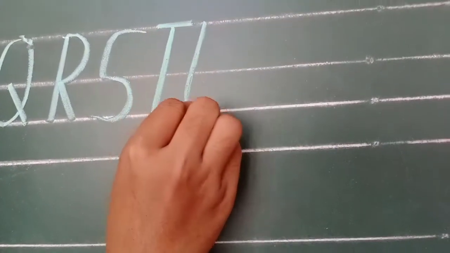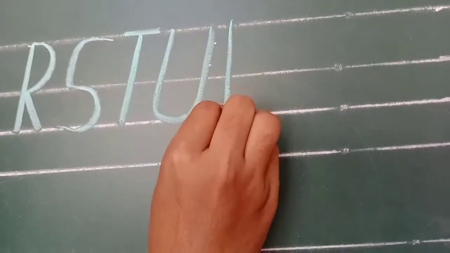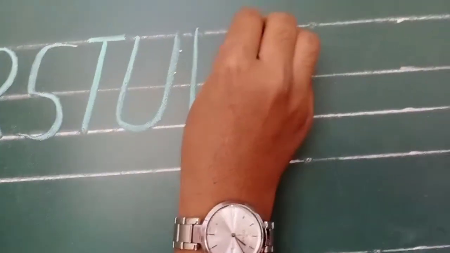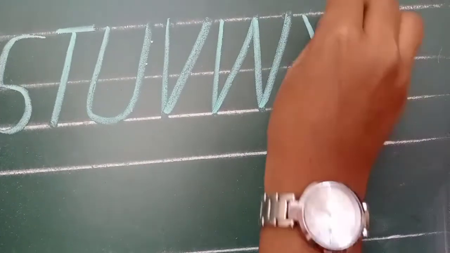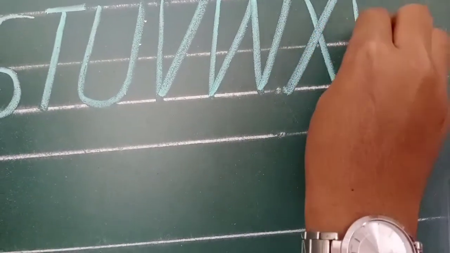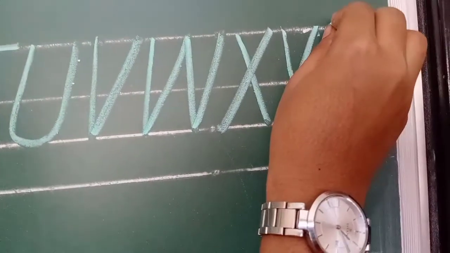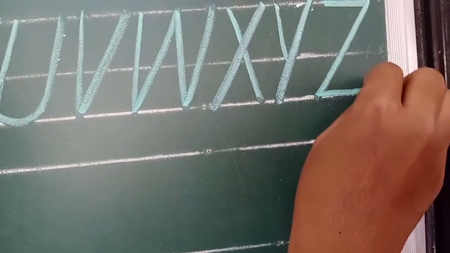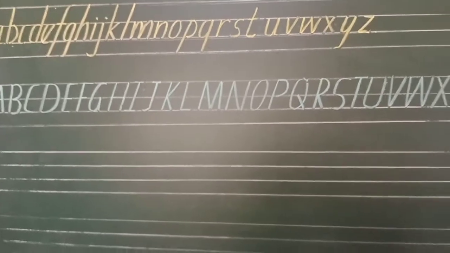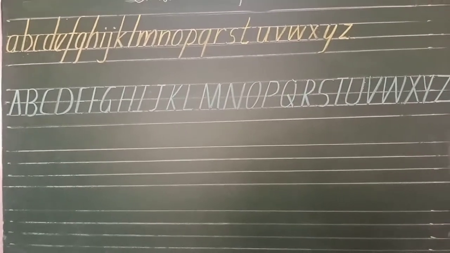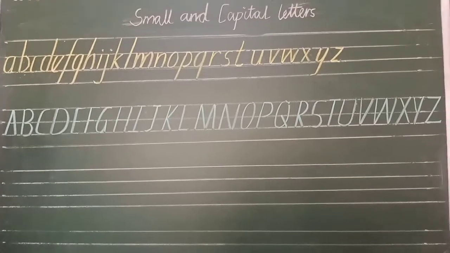T. X. Y. Z. Yes. See, all the capital letters touch only three lines, that is the ascending, middle and base line, not the descending line. Friends, it is very important to know which line you should touch with the letters.